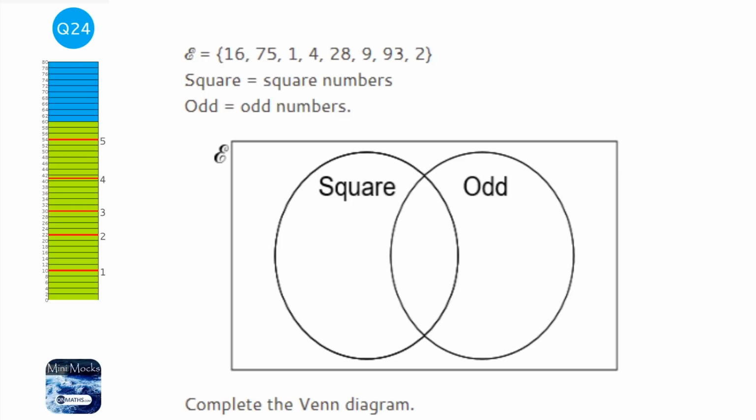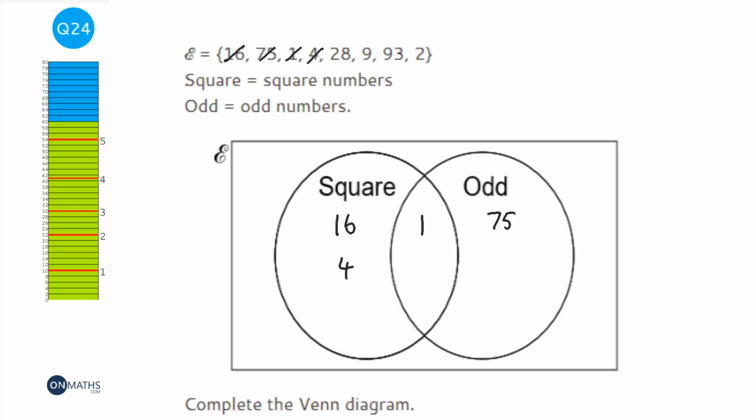Now 16 is a square number, but it's not odd. So I'm going to leave that here. 75. Now 75 is not a square number, but it is odd. So I'm going to put that there. Now 1 is a square number and it's odd, so that's going to go in the middle. 4 is a square number but it's not odd. 28.